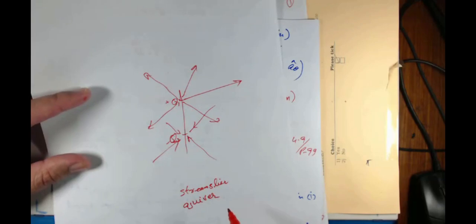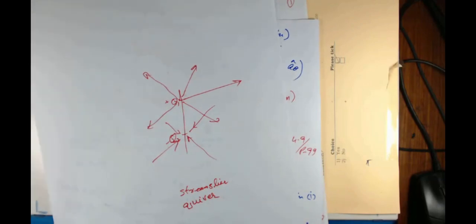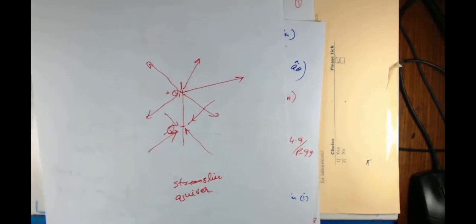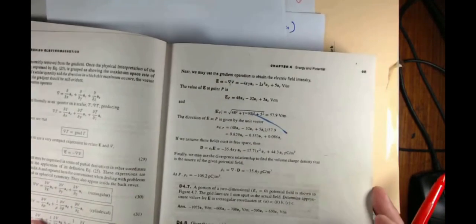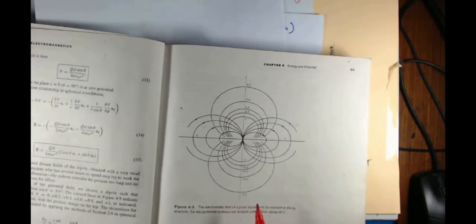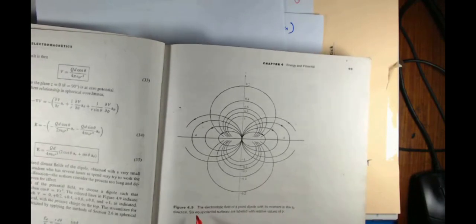I think this is quiver. Plot the figure which is given in the book on page 99. I'm going to show you this one. You should reproduce this figure in MATLAB and submit it by next week, probably on a Wednesday.